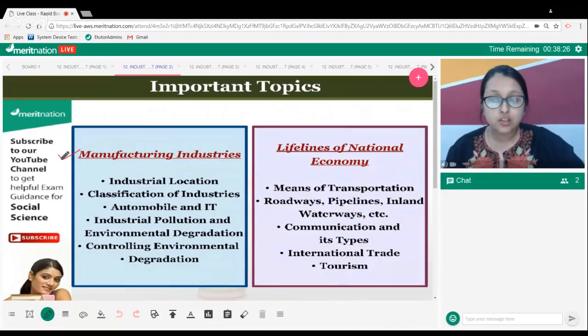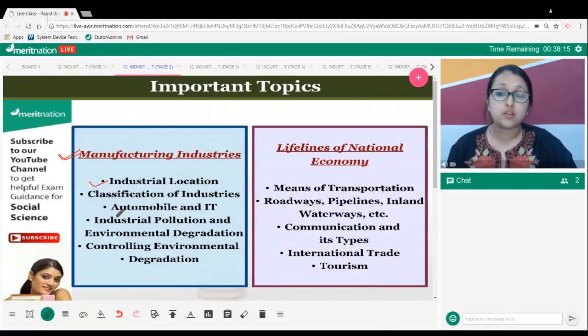Coming to manufacturing industries, your important topics are industrial locations. There are a lot of industries, agriculture based industries, your steel industries, your coal and all these industries. So you should know the locations of all the important industries. Also, you should know the classification of industries, like some are agriculture based industries or some are chemical based industries.